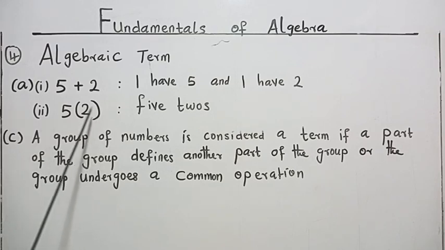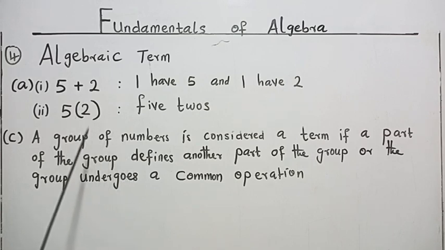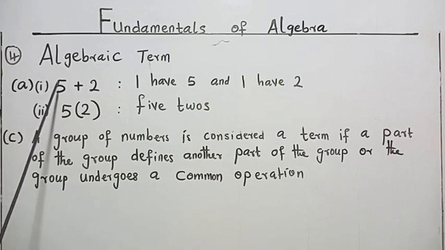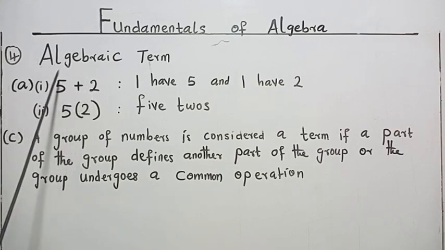Second one is that 5 brackets 2 is 5 twos. So I ask, with respect to the first condition, which is that one part of this group defines the other, please, in 5 plus 2, does 5 define 2, or does 2 define 5? Does any of them define the other?